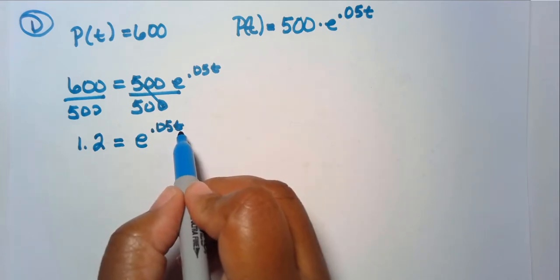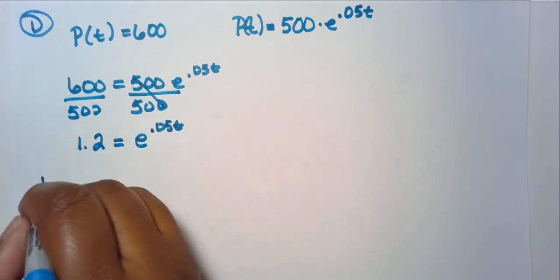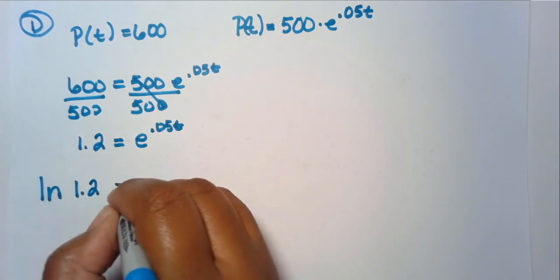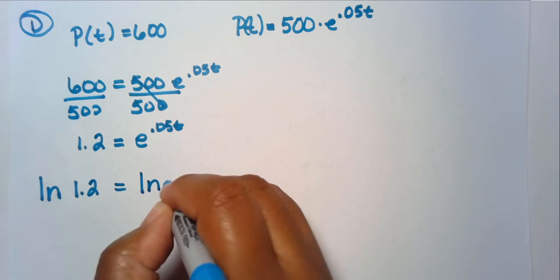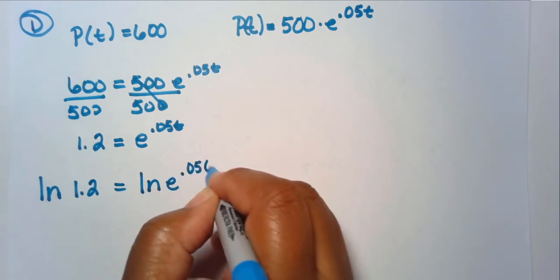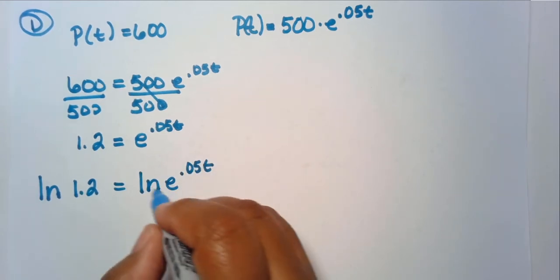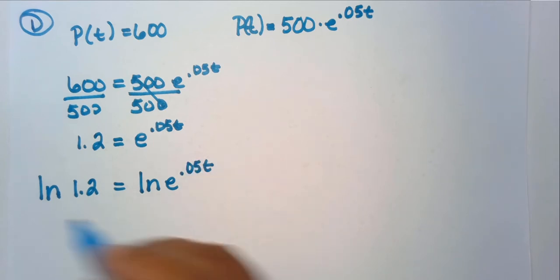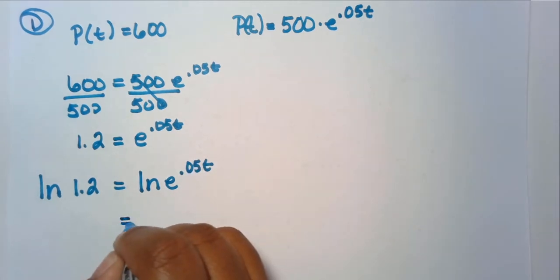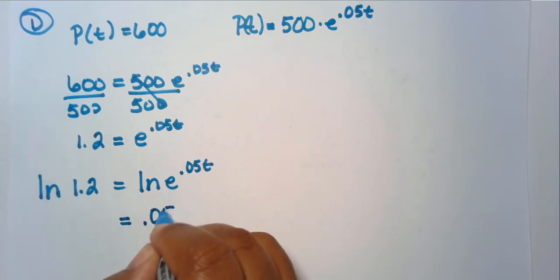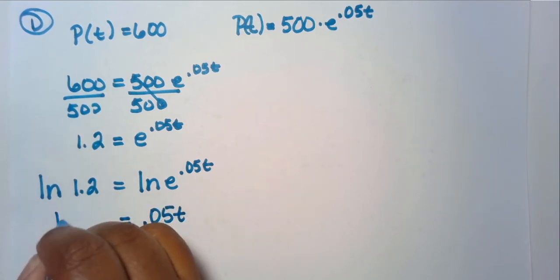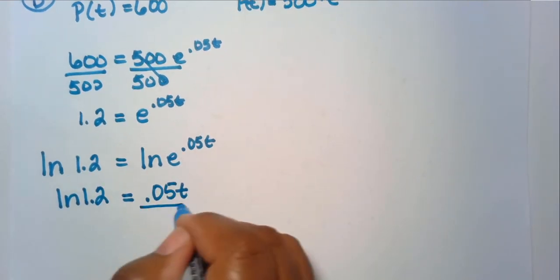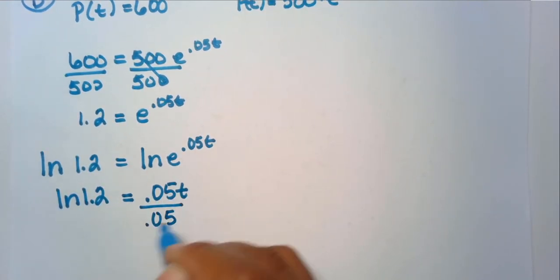So to solve for t, we want to take the natural log of both sides. And remember, the natural log of e raised to a power is going to equal that power. So on the right-hand side, we have 0.05t. Left-hand side is ln of 1.2. Solving for t, we're going to divide both sides by 0.05.